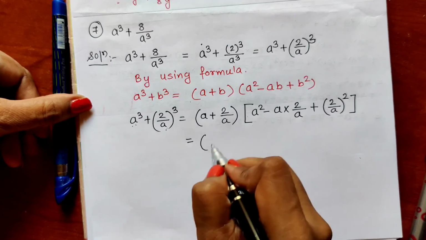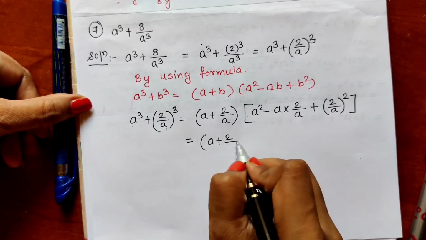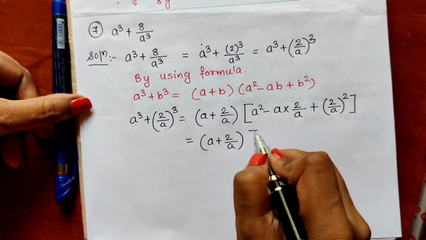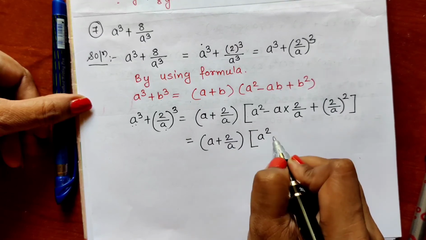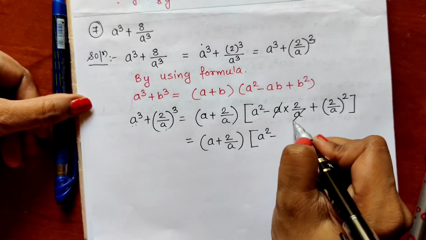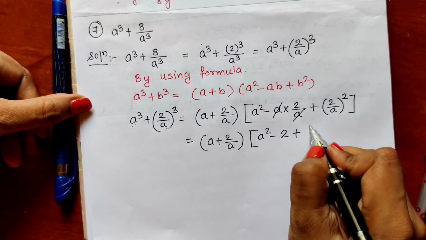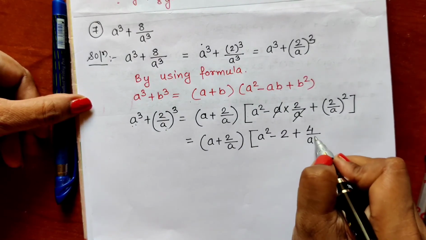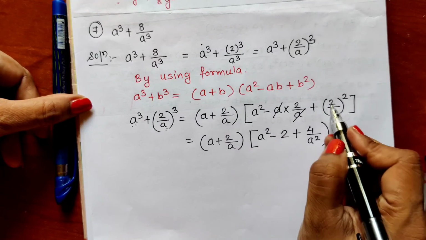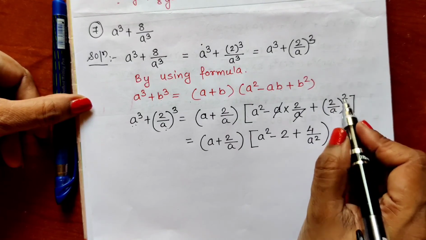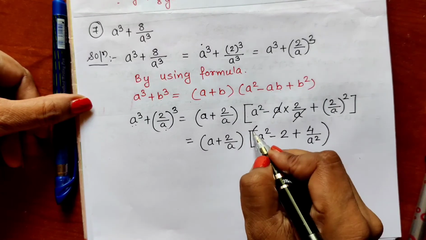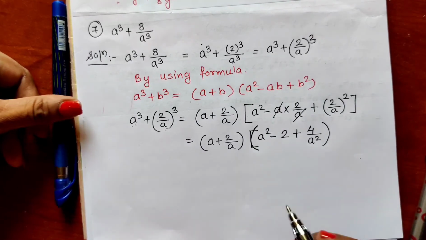Now solve it. A plus 2 upon a, square minus this a cancelled. We are getting 2 plus 2 square is 4 upon a square. Okay, 2 square is 4 and square of a can be written as a square. I will write round bracket.